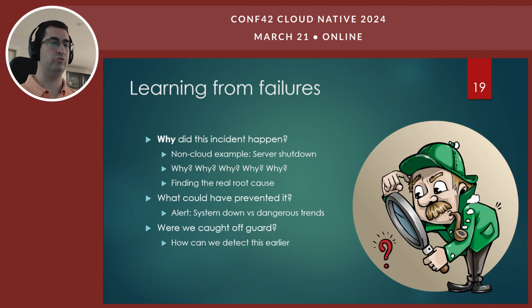But we also need to improve the dashboards, improve the alerts, and make sure that if we get close to having the same issue, we catch it as early as possible. So as I said, any missing dashboards, any missing alerts, anything that could have been better.